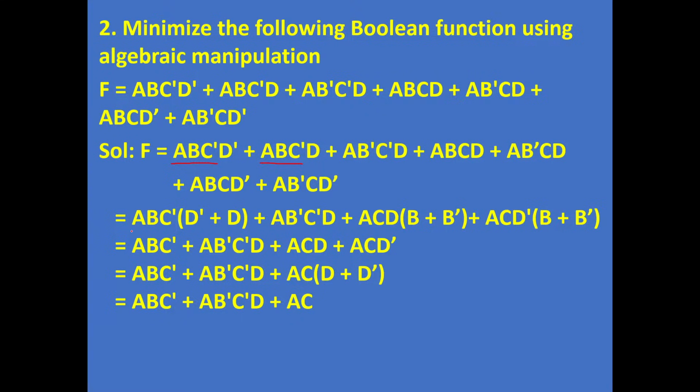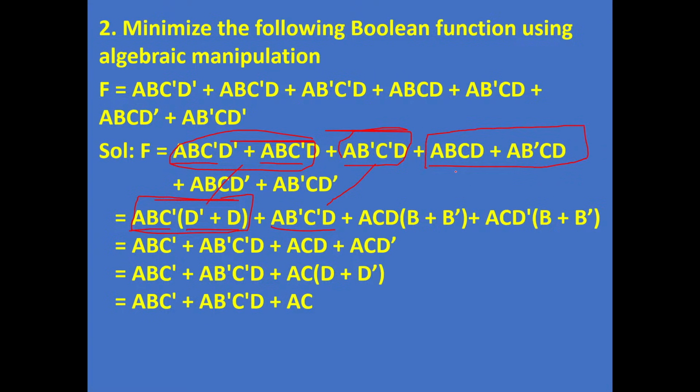ABC bar, I have taken common, and within brackets D bar plus D you will get. The next second term, as it is I have written here, and these two I have solved. I have got this expression. Next, I have solved these two.